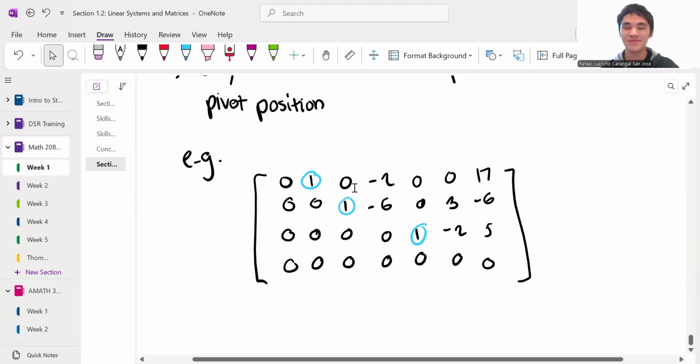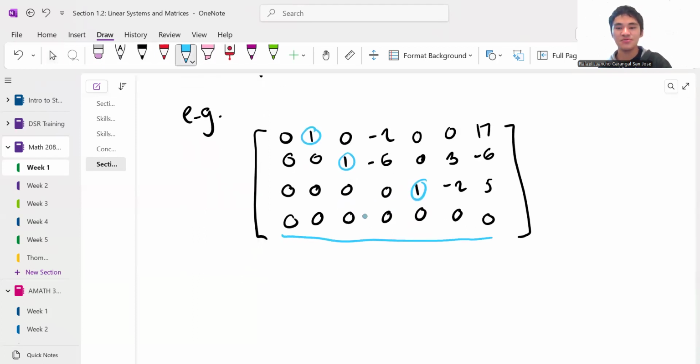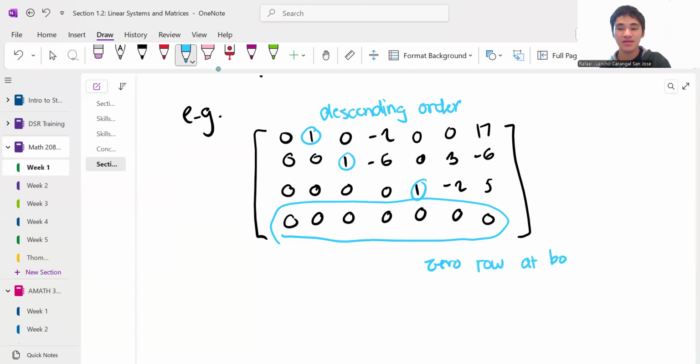So it's in descending order, right? And we have a zero row and it's at the bottom. So here we're just writing down our observations. It's in descending order, zero row at bottom. So that means it's in echelon form. So that checks out one of them.